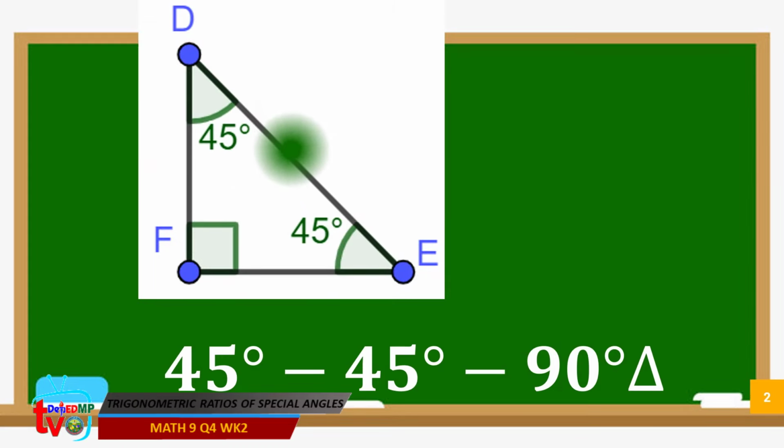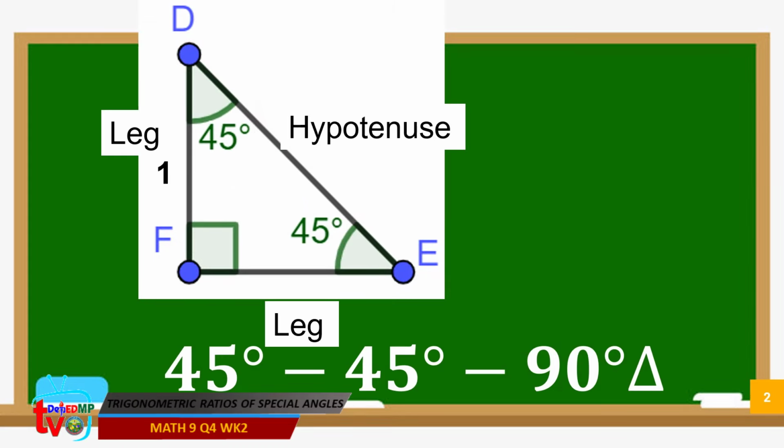Let us study isosceles right triangle DEF. Given that the leg, line segment DF, is 1 unit long, can you tell me what the length of line segment EF is? Yes, that's right. Line segment EF is also 1 unit long since the legs of an isosceles right triangle are equal. Now, what is the length of line segment DE, which is our hypotenuse?